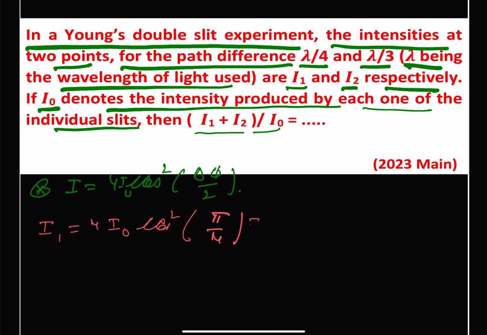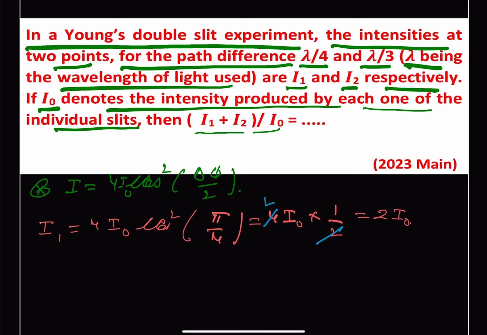Cos pi by 4 is 1 upon square root 2, so cos square is 1 upon 2, and 2 goes into 4, so we get I1 equal to 2 I0.